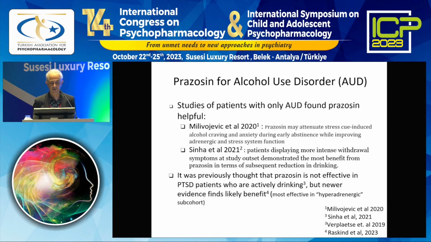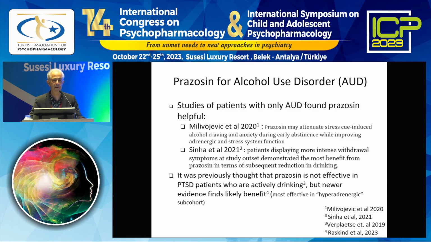Well, one study showed that prazosin may attenuate cue-associated alcoholic craving. The cues being cued PTSD issues that lead them to want to self-medicate with alcohol, or anxieties of a PTSD nature connected with those triggers or cues.